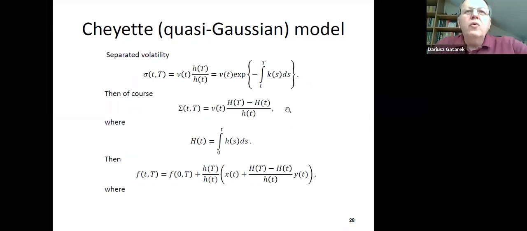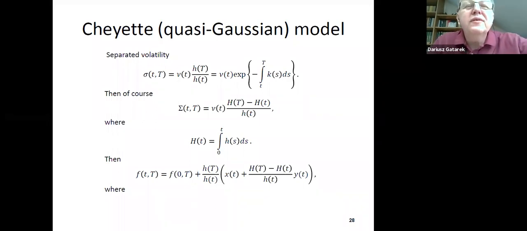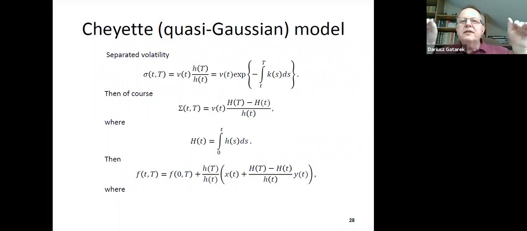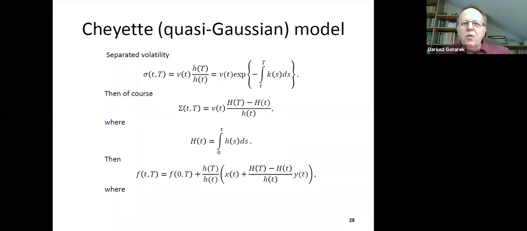Okay, so let's move to the last model, which is called Cheyette or quasi-Gaussian. I don't know why quasi-Gaussian. It's nothing Gaussian there. And which is an attempt of collapsing the large, maybe infinite even, dimension of the yield curve to a low number of parameters.